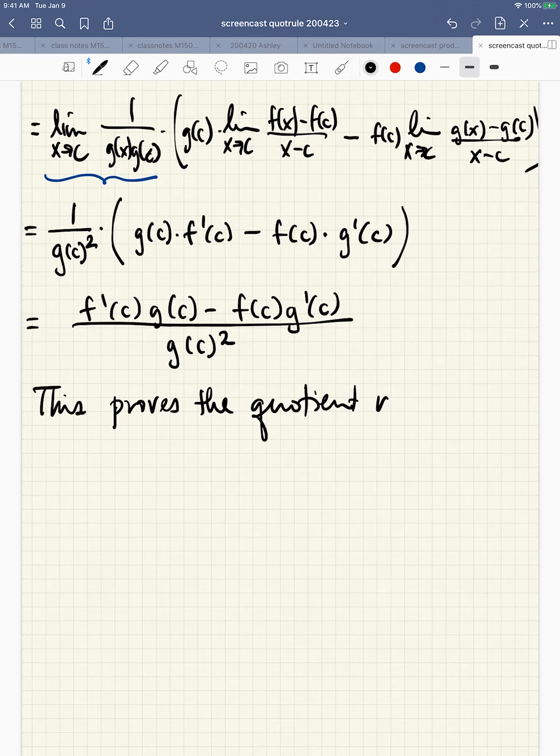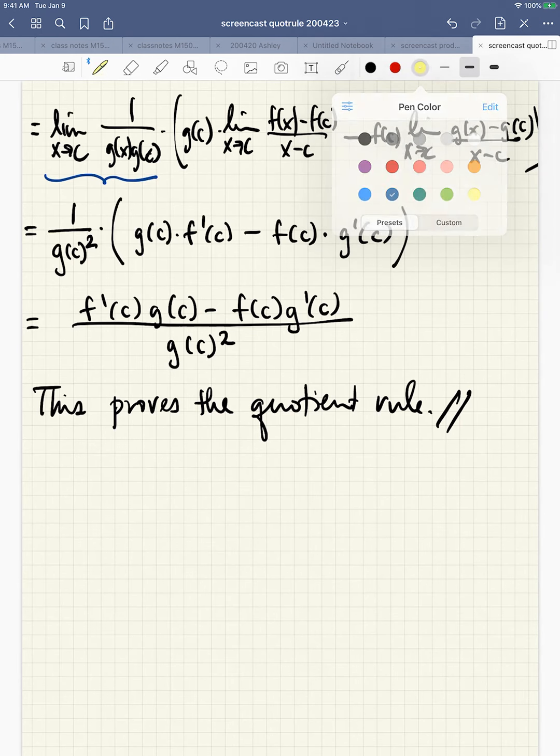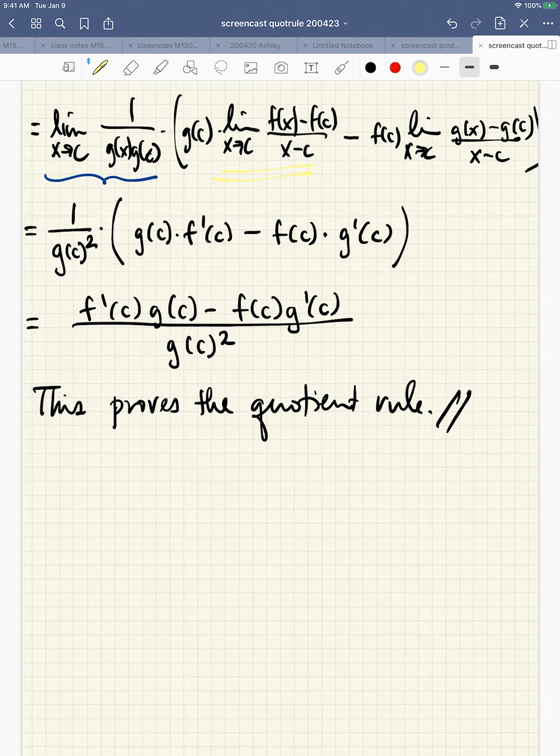So let me just make one final note. Technically, what we wanted to show is that the limit definition of the derivative of f over g at c, that limit exists. So by going through all these steps and showing that these other limits here, using the fact that this limit exists, and this limit exists, and this limit exists, that all tells us that the limit we started with exists.